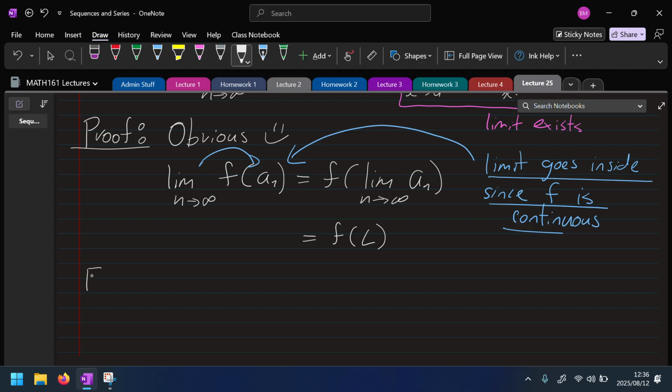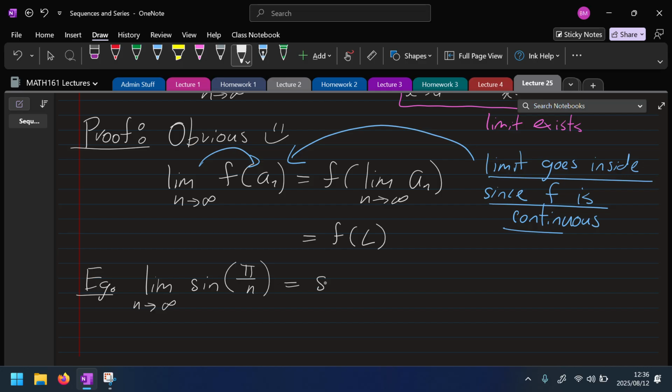Okay, quick example just to show how we can use this. Let's say we have the limit as n goes to infinity of sine of pi over n. We know sine is continuous, so instead of looking at this from the outside, we can put the limit inside and look at the inside part.